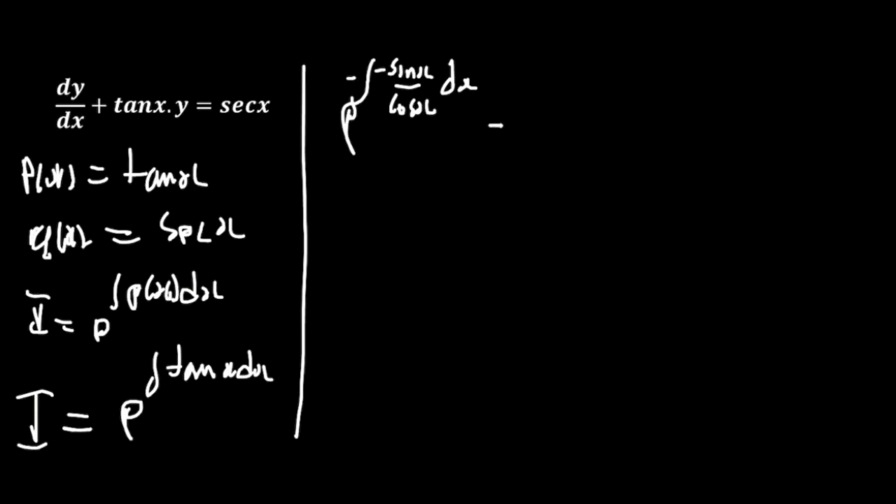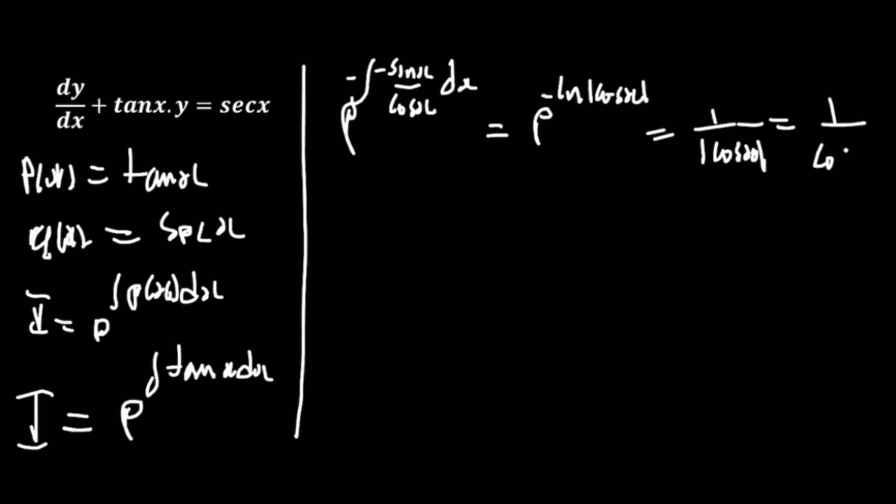So here our answer will simply be e to the negative ln of the absolute value of cos x. So this will simply end up with 1 over the absolute value of cos x. And cos is a positive value, so this will be 1 over cos x.